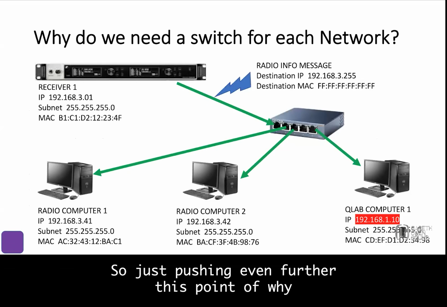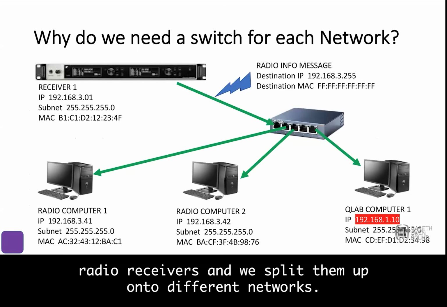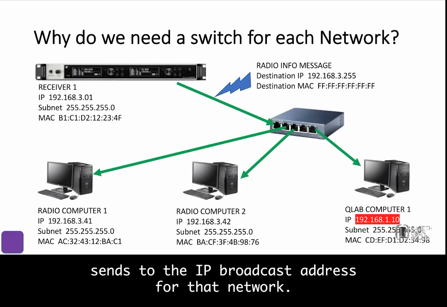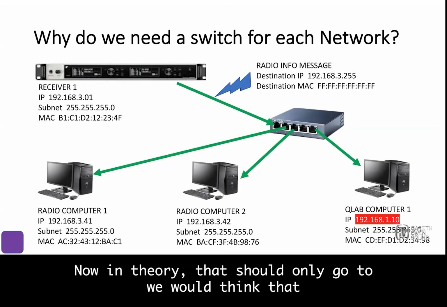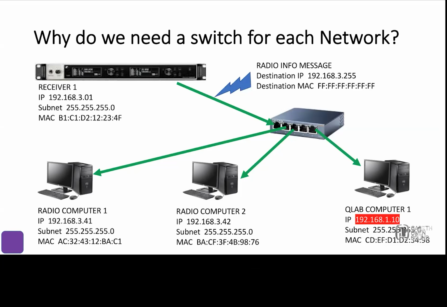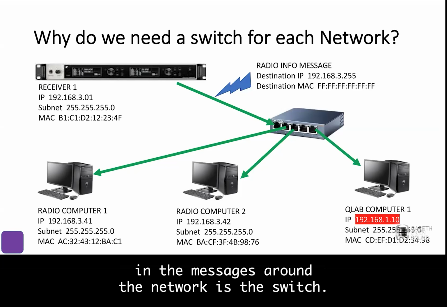So just pushing even further this point of why radio receivers we split them off onto different networks. The way a radio receiver broadcasts this message is it sends to the IP broadcast address for that network. Now, in theory, we would think that that should only go to computers with a 192.168.3 prefix. But the thing that's actually forwarding the messages around the network is the switch.